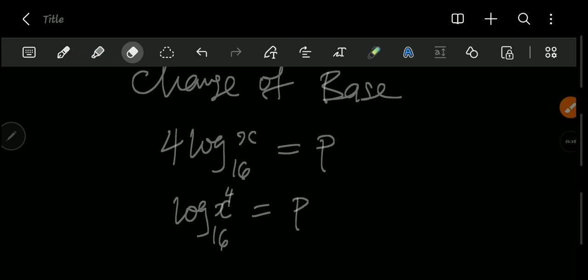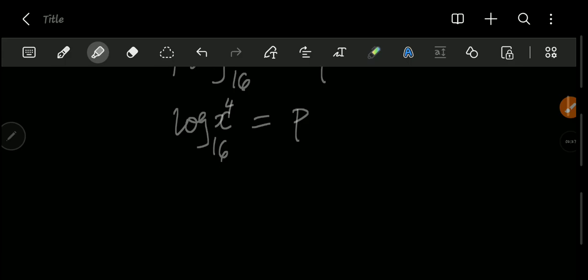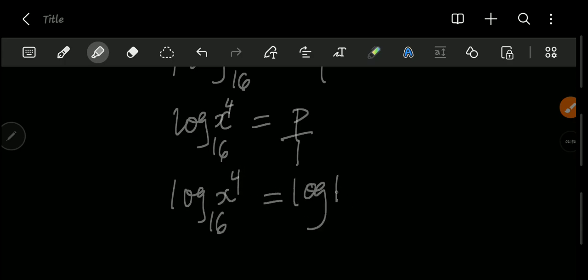So from here, what's the next thing I want to do? I want to cross multiply. When I cross multiply, 16 is going to take this power here, so I'm having 16 raised to p, and that will be equal to x raised to 4. Let's ignore the log now. Since this is a log, the other side is going to be a log, so we can say this is log base 16 of x raised to 4, and that's going to be equal to log p.